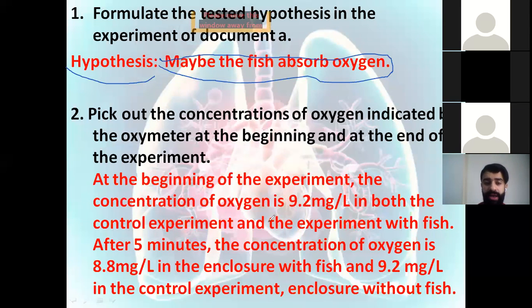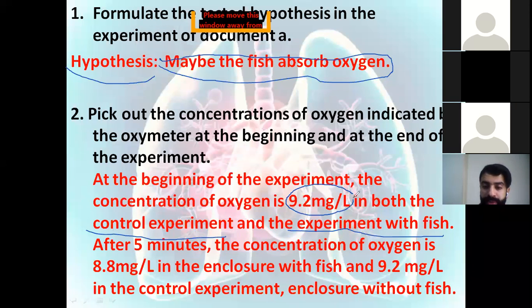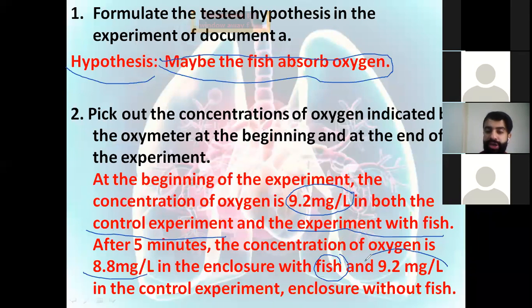So at the beginning, in both the control experiment without the fish and the one with the fish, the quantity of oxygen was 9.2 milligram per liter. After 5 minutes, the end of the experiment, the concentration becomes 8.8 with the fish, and it remains 9.2 without the fish.